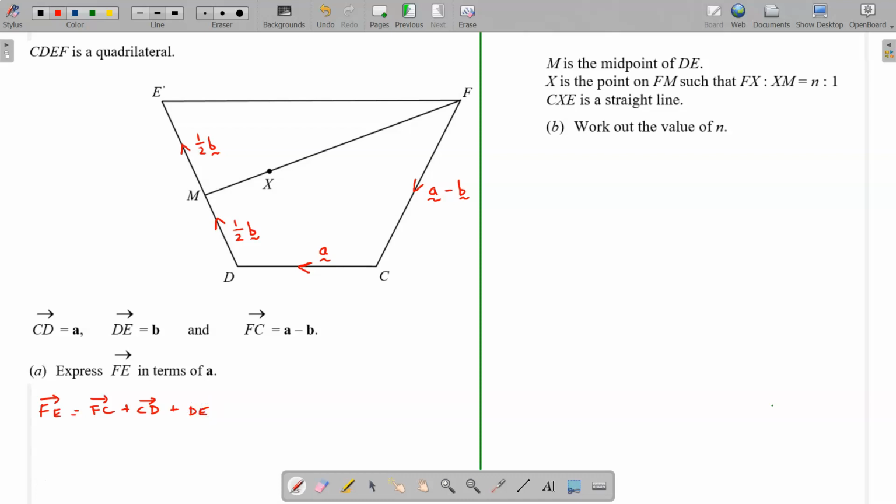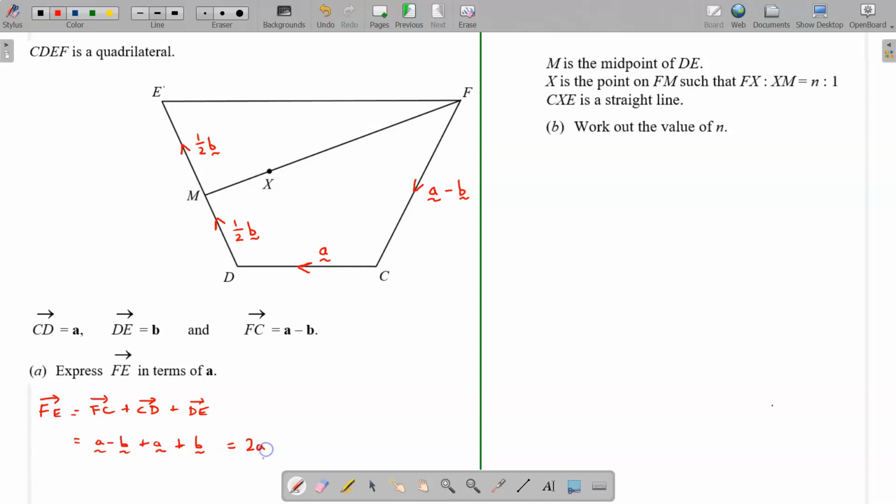Okay, and now if I just write each of those in terms of A and B, well, FC is A minus B. Now CD is A and DE is B. And if you combine all those together, you've got A plus A is 2A, and you've got minus B plus B, which is 0, so it's just equal to 2A.